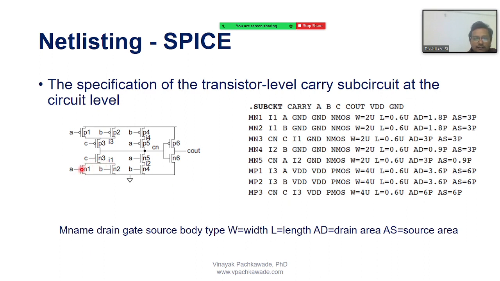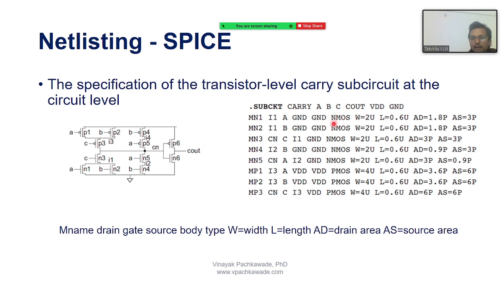Then the gate is connected to A. I have shown small a here, but there are capital A, but it doesn't matter as long as you are consistent. Then its source is connected to the ground, and the body I have shown you is always tied to source. So since source is connected to the ground, the body is also connected to ground.